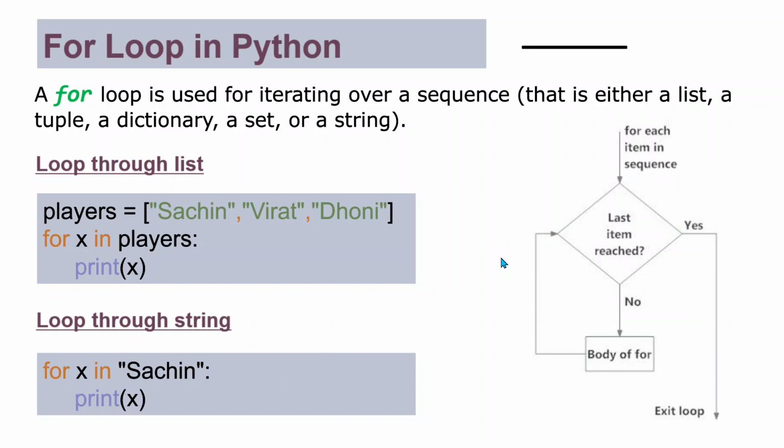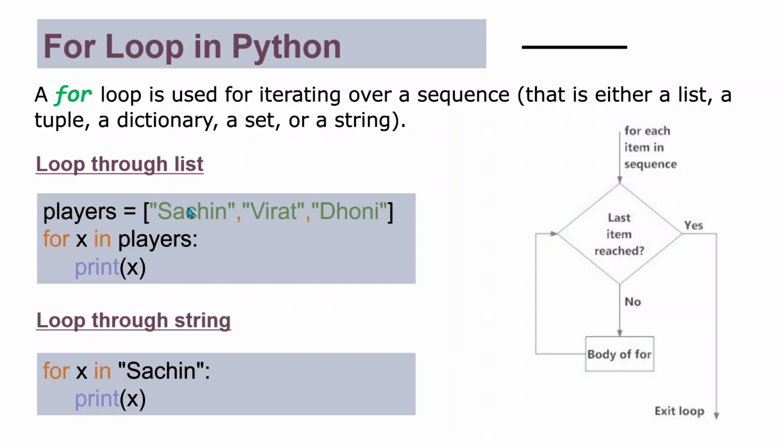Now looking at this flowchart, for each item in a sequence, here in this example we have three different items: values 1, 2 and 3. It will loop through each and every item in the sequence.